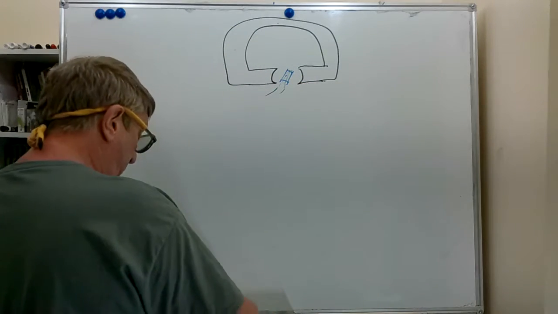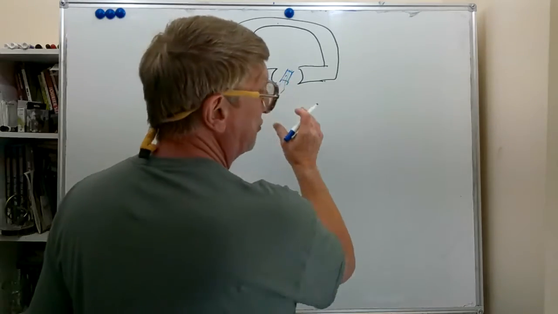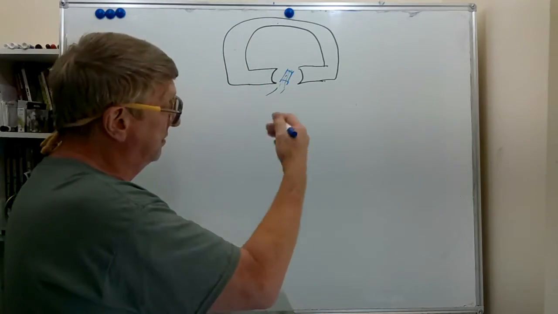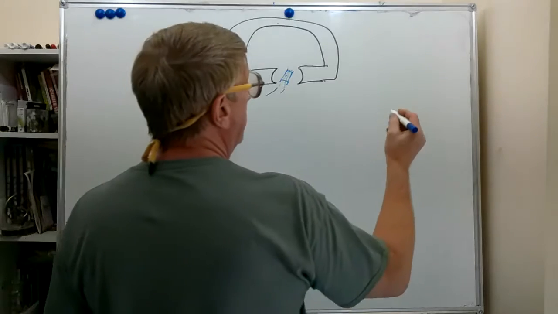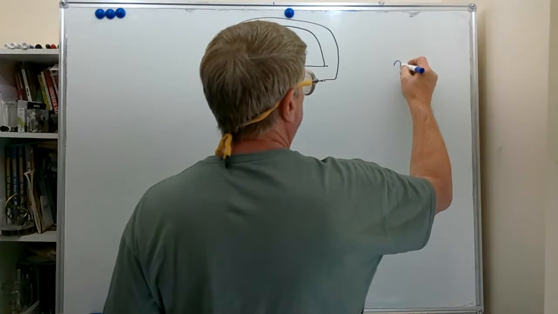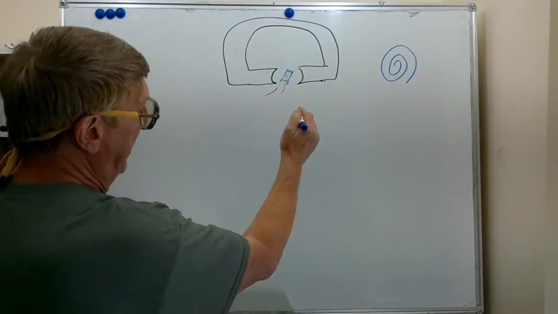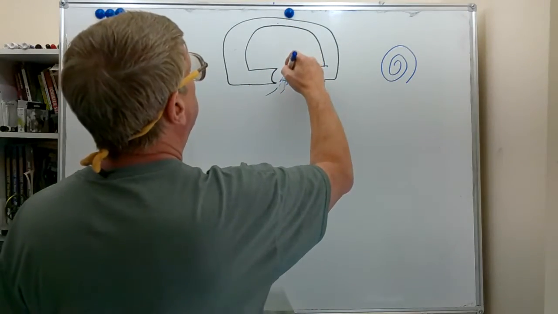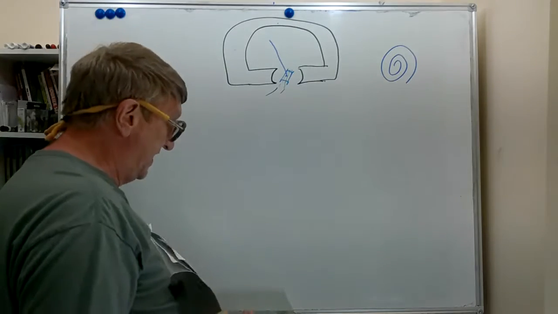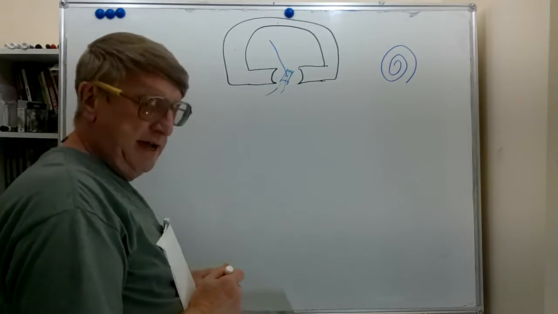And there's also, I'm not going to draw it in here because it would clutter things up quite a bit, but there's a spring very much like the hairspring in a watch that this thing wraps against as it turns. And there's your needle.